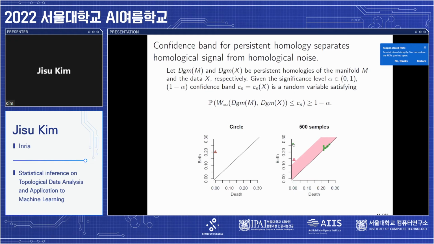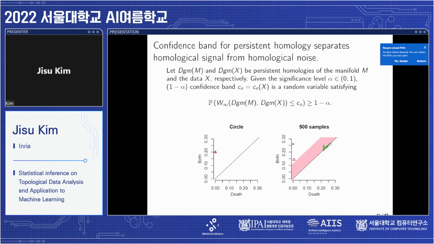All the points that are above this pink shaded area are statistically significant, meaning that when you compute the empirical persistence diagrams like 100 times, you will observe these points more than 95 times.